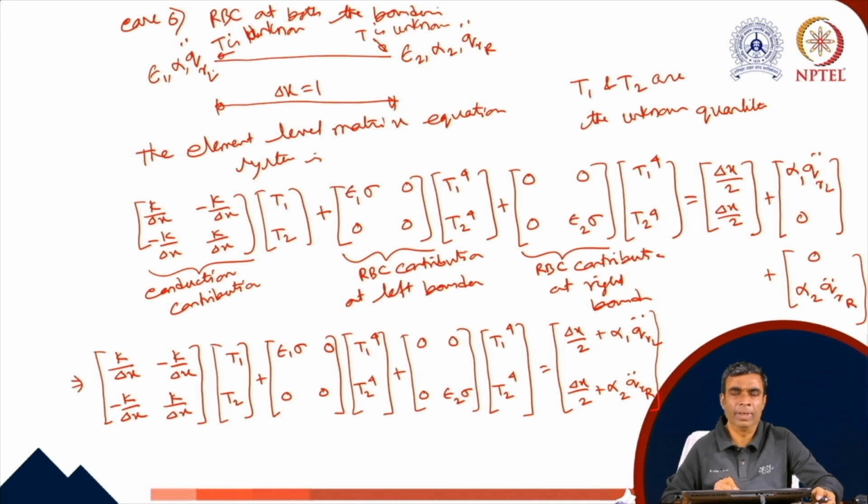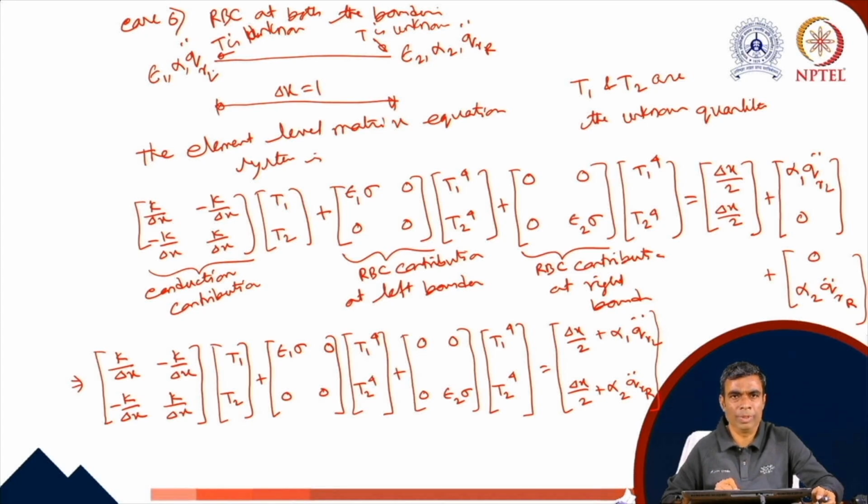So for all the cases except for the set of natural boundary condition at both the boundaries, we get that the left hand side coefficient matrix is linearly independent, and because of that in every case we get the unique solution. When the natural boundary condition prevails at both the boundaries, the matrix equation system becomes linearly dependent and we do not have unique solution for that case.